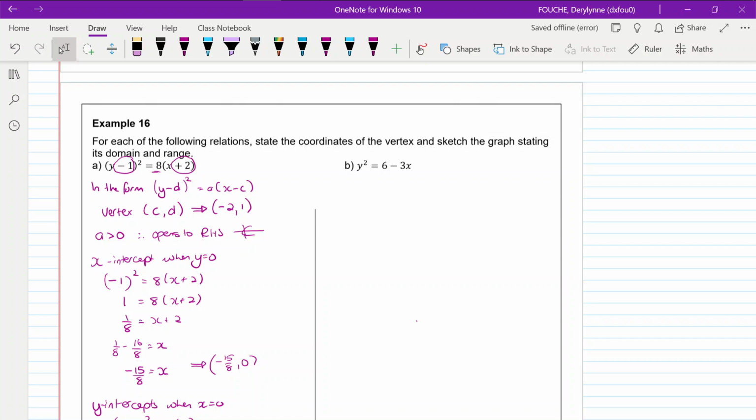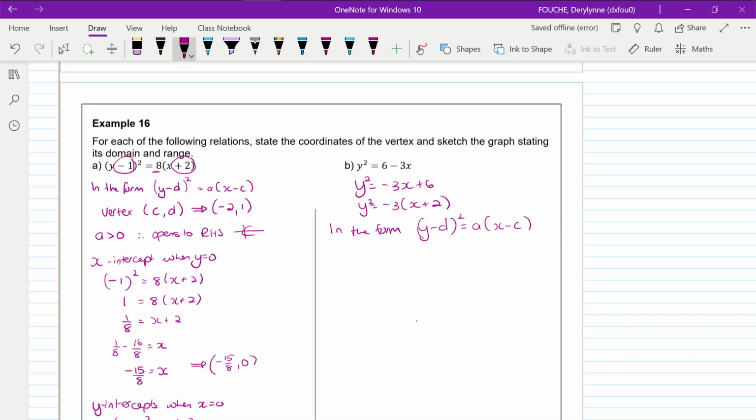Okay, let's have a look at B. There doesn't appear to be a vertical shift, and it looks like it might not be in the right form. Although, if I could get x naked, it might be. So let's just look. y squared is negative 3x plus 6, y squared is negative 3 times x minus 2. Okay, now it's starting to look a little bit more like our sideways parabola, in the form y minus d all squared equals a times x minus c.